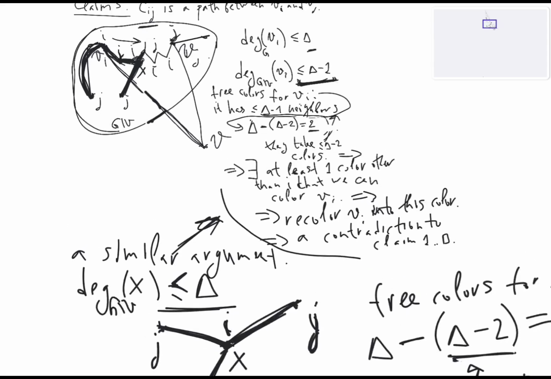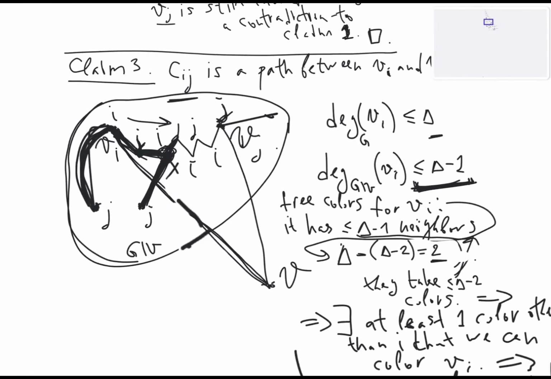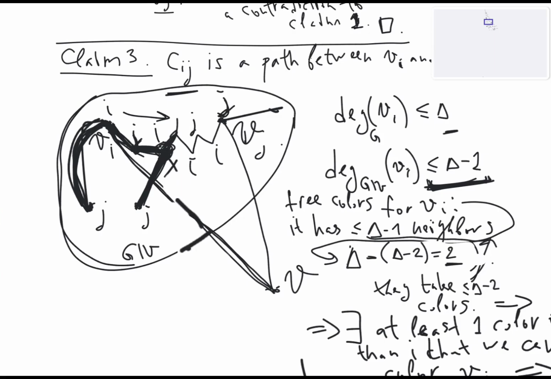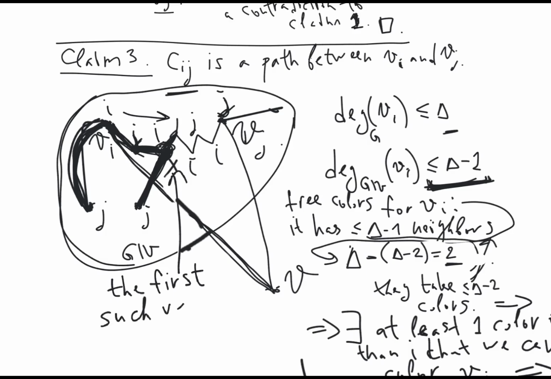Here we take not just any vertex x that is connected to some other vertex of color i or j on the path, but the first such vertex on this path.